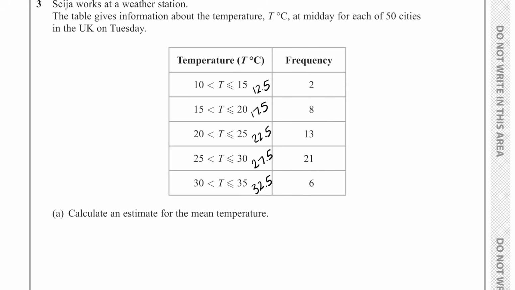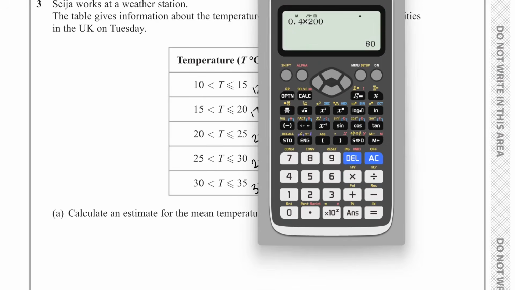So 2 cities with a temperature of 12.5. That's 2 12.5s.